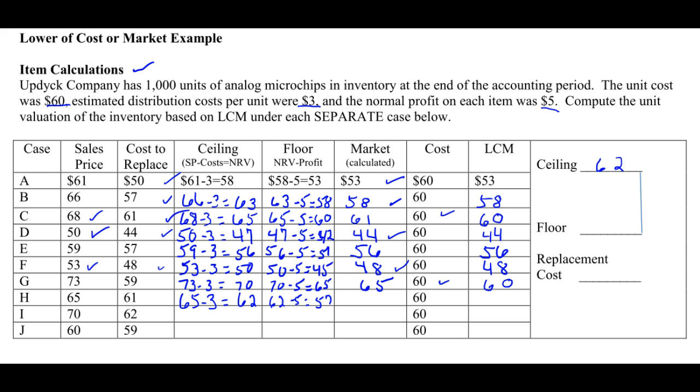That will be our floor. Our replacement cost happens to be 61. 61 is indeed within the relevant range. It's just under the ceiling. So since we can use that, we will. Which is lower, our cost or our market? And in this case, once again, it's cost.